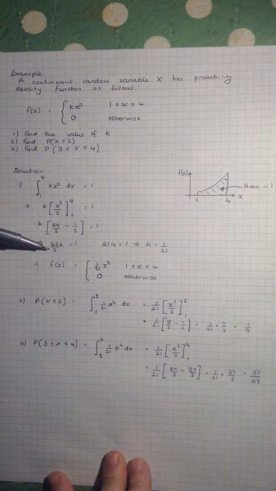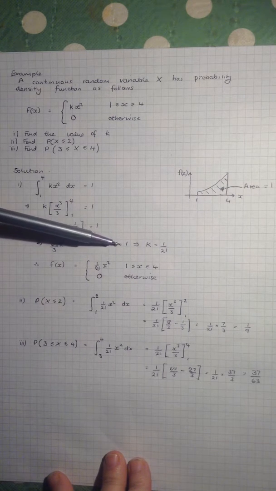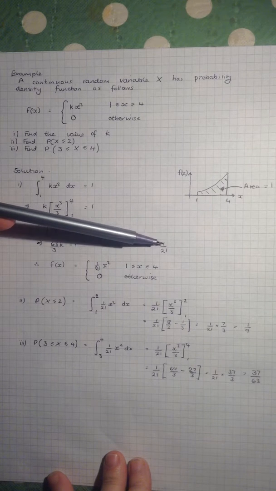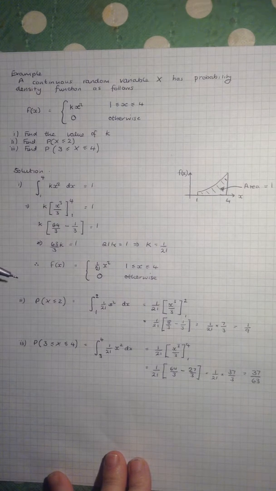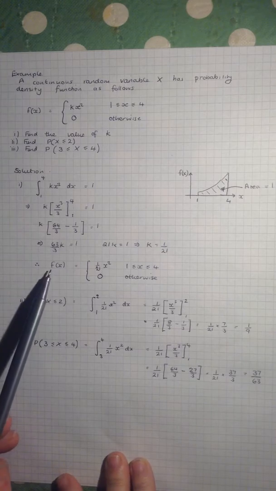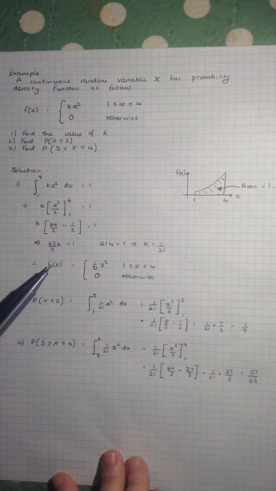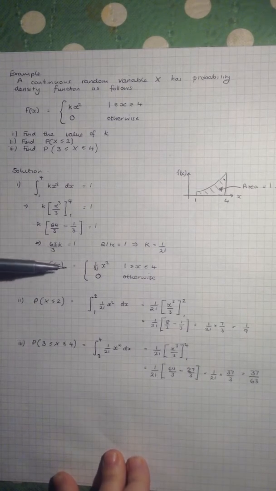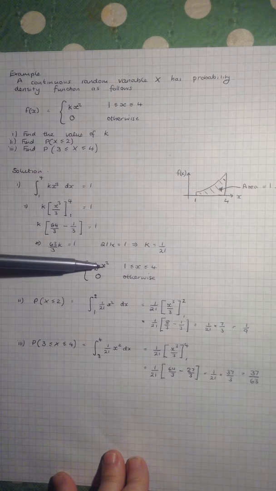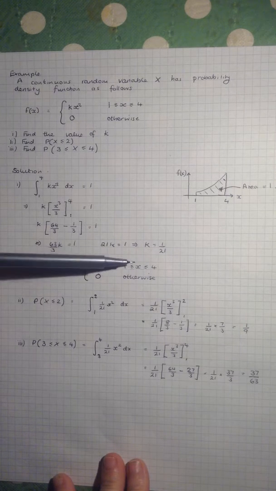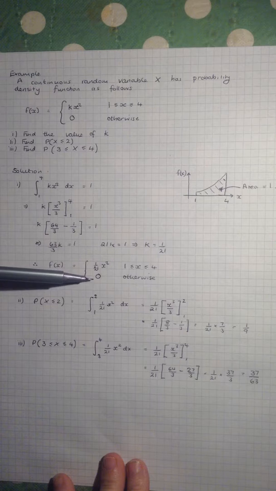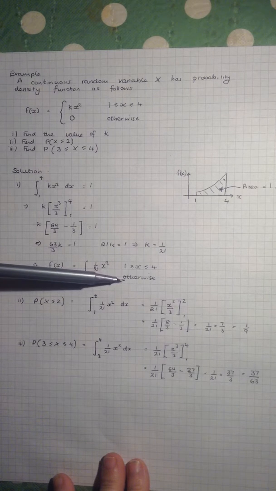Simplifying, we get 63 over 3k is 1, so 21 lots of k is 1, therefore k must equal 1 over 21. So our PDF, little f of x, it's always little f for a PDF, is 1 over 21 x squared between the range of 1 and 4, and 0 elsewhere.